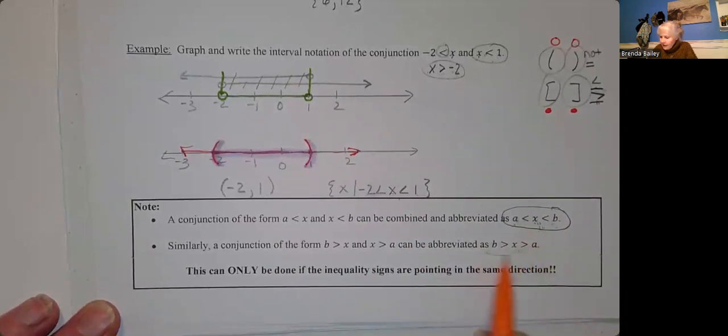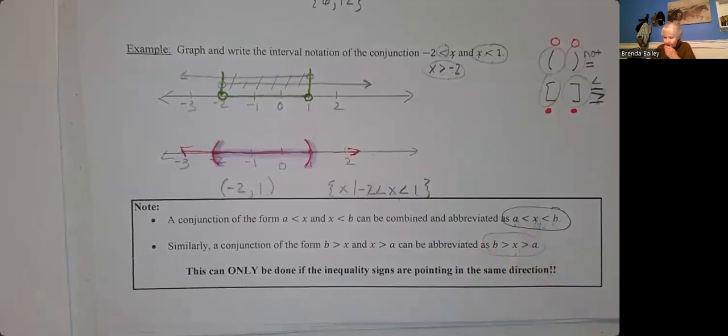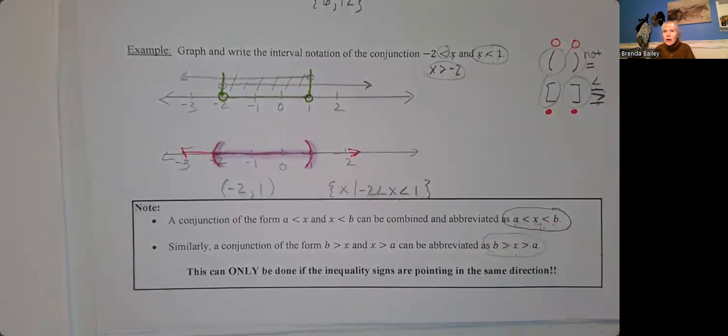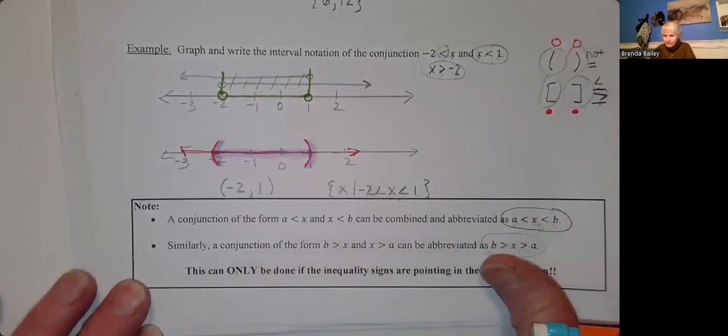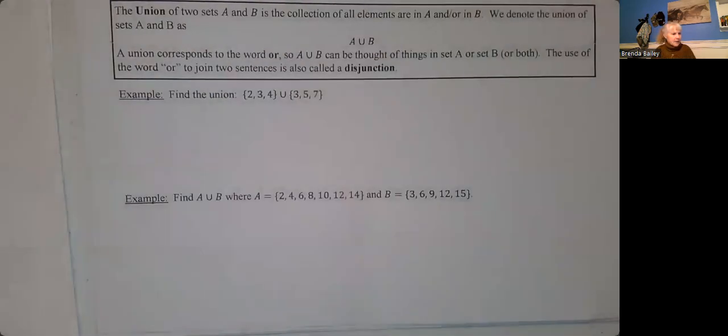Normally, if I'm given this, I change it to this. All right, that's just easier to look at. Now, this can only be done if the inequality signs are pointing in the same direction. So if you have a greater than, you cannot have a less than. If you have a less than, you cannot have a greater than. They have to be the same. They have to match if your x is between two numbers. All righty. Hopefully that made some sense.